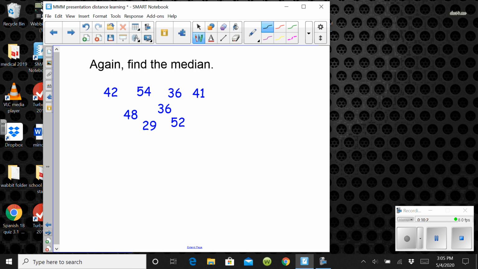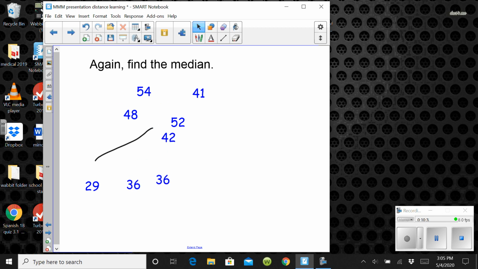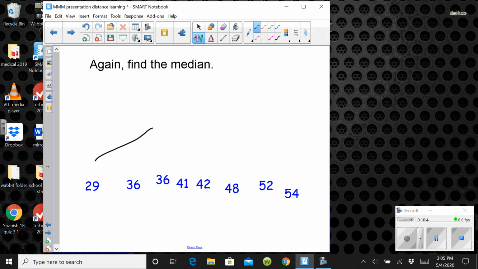And then one more of those, 29, 36, 36, 42, whoop, 41, 42, 48, 52, 54. Okay, now, can you believe, I'll bet you can believe this. Can you imagine this?